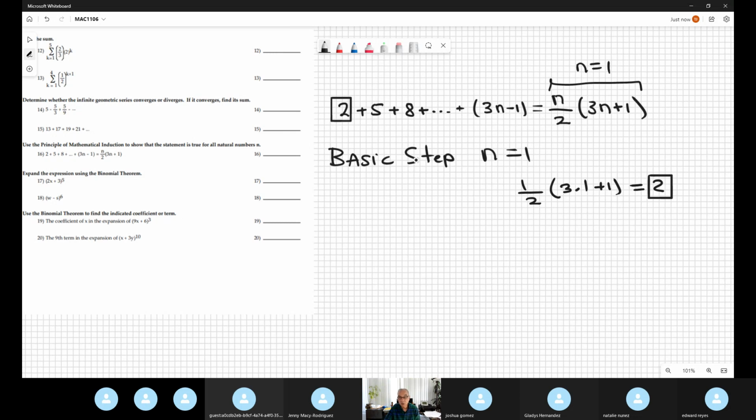So you plug in 2. Let's do it quickly. Basic step for n equal 1. What is the only detail? Sometimes it does not necessarily work for n equal 1 until you try n equal 2, and you discover that, for example, n equal 2 is true, and it continues true for 3, 4, 5. So not necessarily n equal 1; in the majority of examples, yes, but not always.